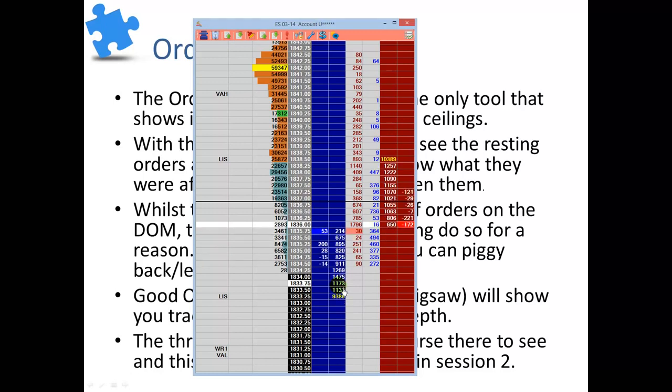But if you see it move up 5 or 6 ticks and then you see 3,000, 3,000, 3,000 right behind you, very likely in the very short term, the market's going to actually move down.